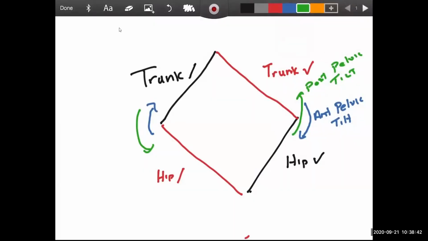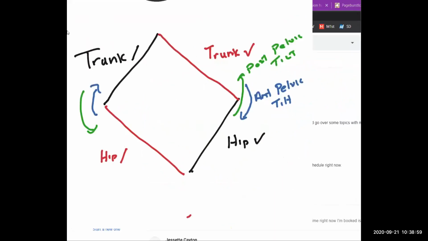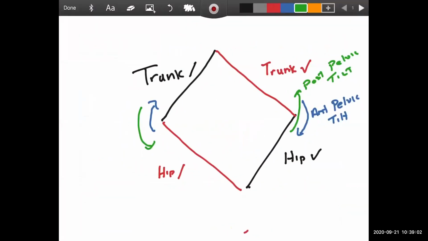All right, so this is that lovely old diamond. Can everyone see it? Where's my chat? All right, so we've got the diamond brought up here. There's my chat.